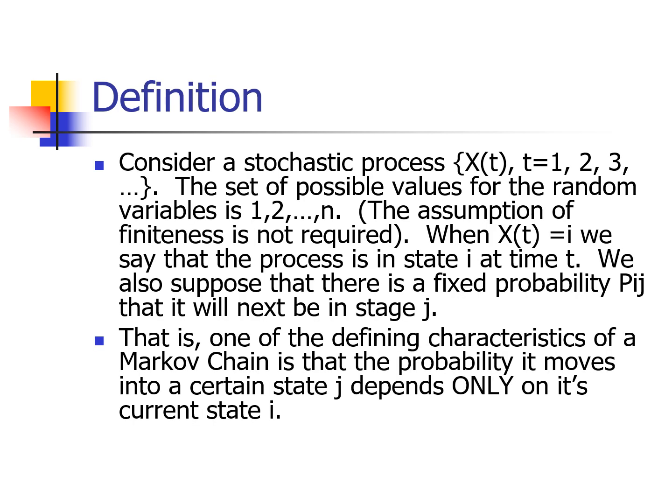All right, so consider a stochastic process indexed 1, 2, 3. And we're going to say the set of possible values for our random variable is also whole numbers, 1, 2, so on to n. When X sub t equals some number i, what we're basically going to say is the process is in state i.